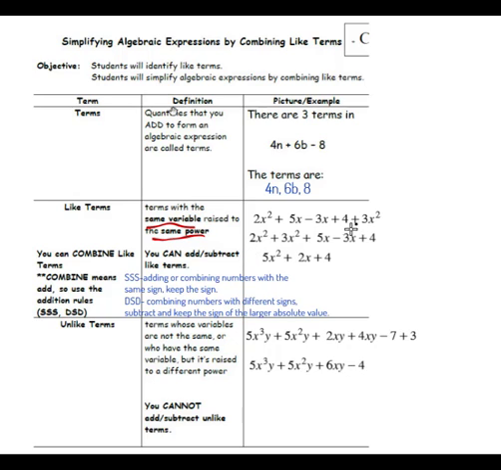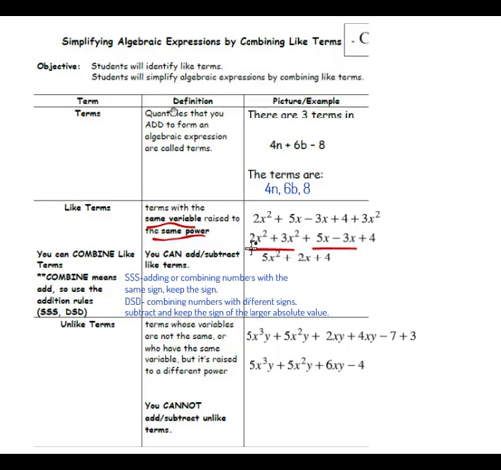When you do that, please make sure to bring the sign that is in front of the term if you're moving it. So the first terms we have are 2x squared plus 3x squared. And then we have 5x minus 3x, and then 4. And 4 is a constant because it does not have a variable with it.